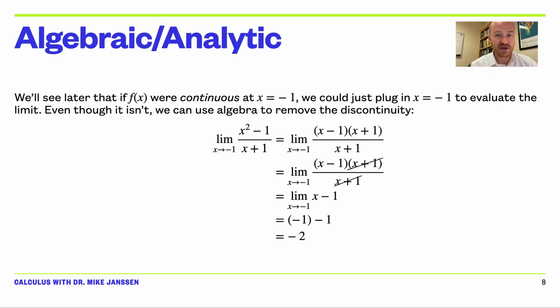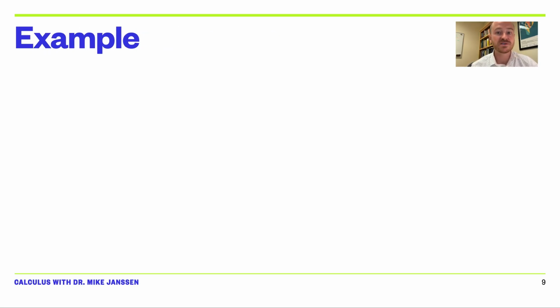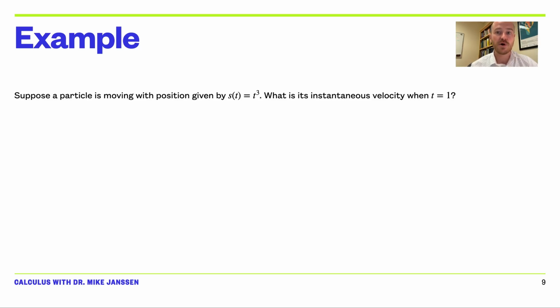As one last example, I'd like to consider the problem of instantaneous velocity again. So suppose we have a particle that's moving with a position given by s of t equals t cubed. Our question is, what is its instantaneous velocity when t is 1? Well, what we saw last time was that we can compute the average velocity over smaller and smaller intervals around 1.